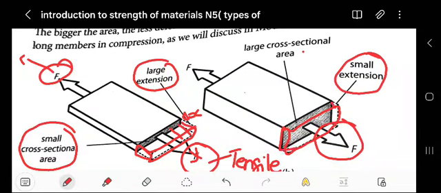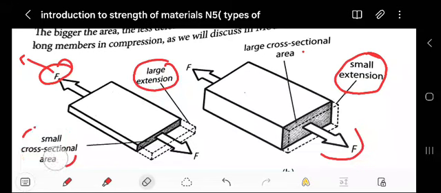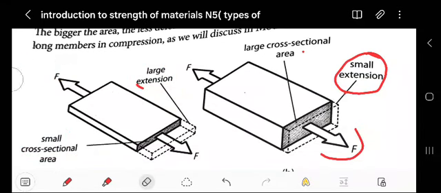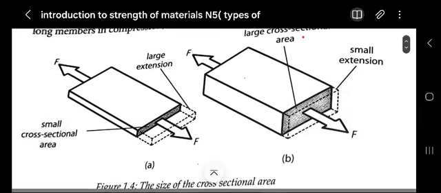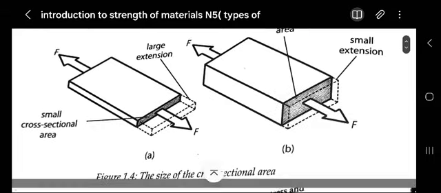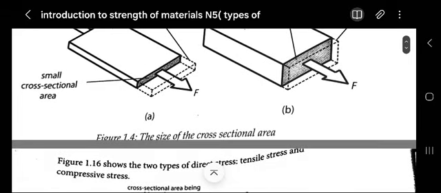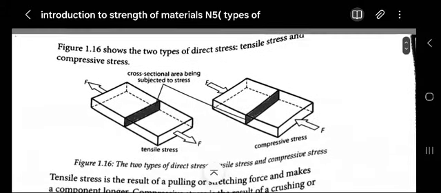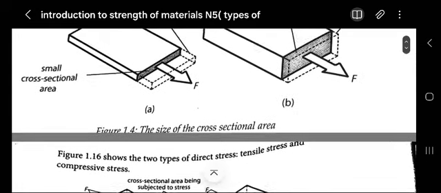This size of x is small compared to the other one. So you see there an example. This is what we have, guys. This is a tensile force.